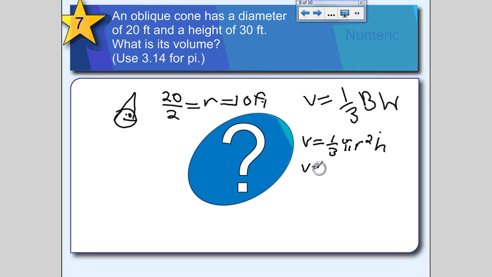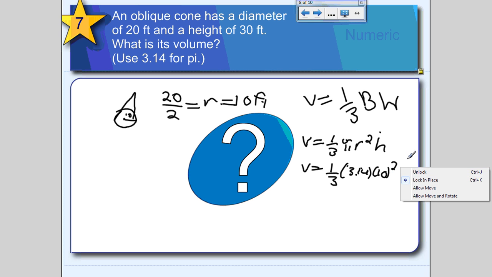So volume equals 1/3 times 3.14 times 10 squared times 30. Let's go ahead and do 10 squared first because we always have to do exponents first, which is 100, times 3.14.